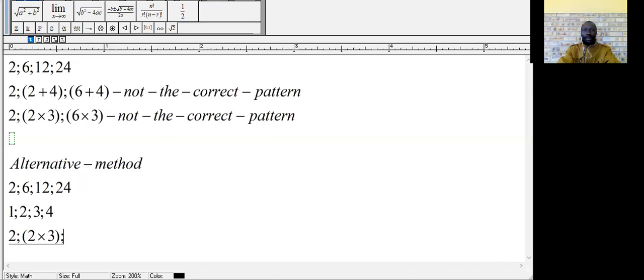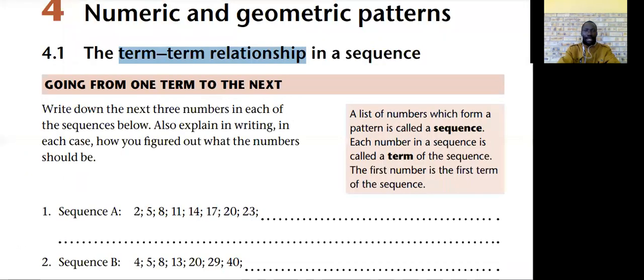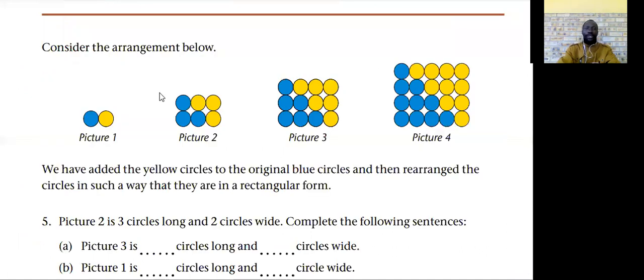Let me just bring this down again. Right there. There we go. Okay. So here we have 2. 2 is in the first position. Then we have 6, second position. Then 12. What this means is that from the first position, to get the number in the second position, we have to multiply the number in the first position by 3.